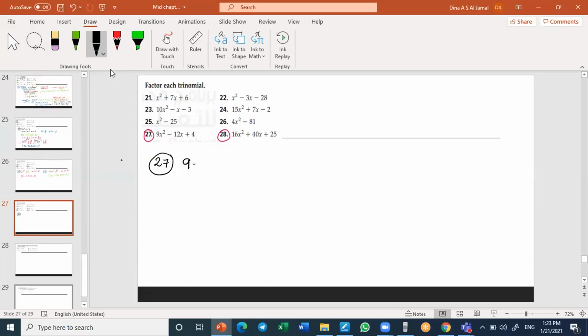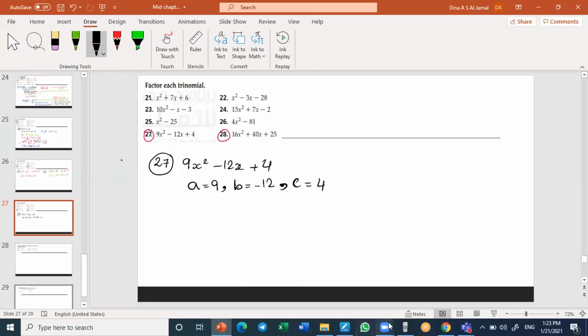Here you are having 9x squared minus 12x plus 4. Let's now put this in the calculator. Your a is 9, your b is minus 12, and your c is 4.